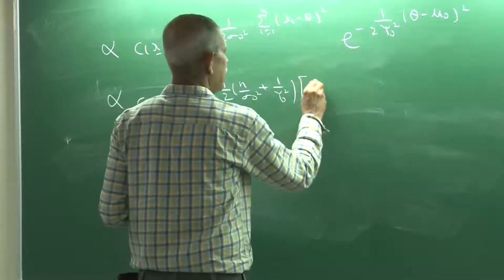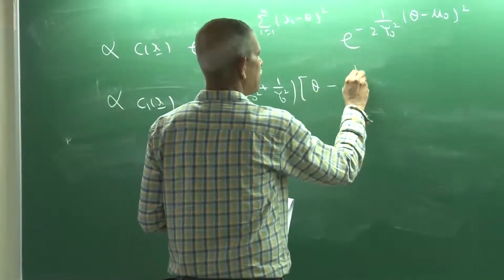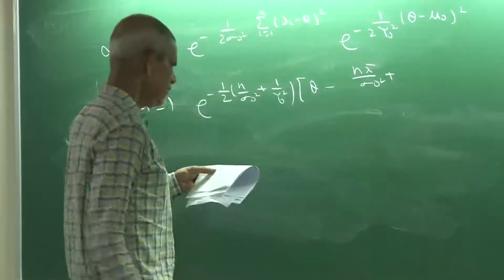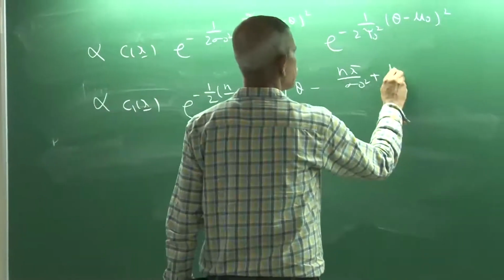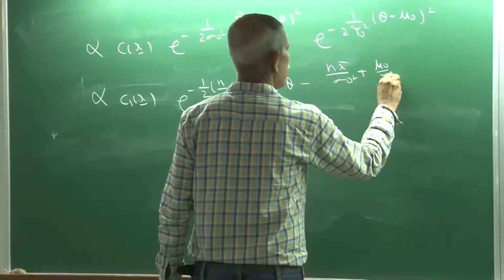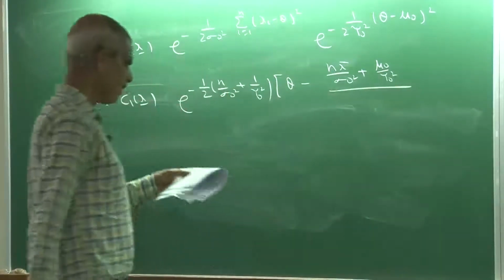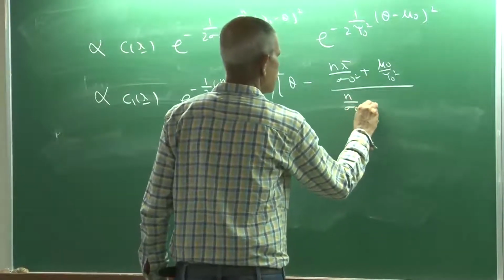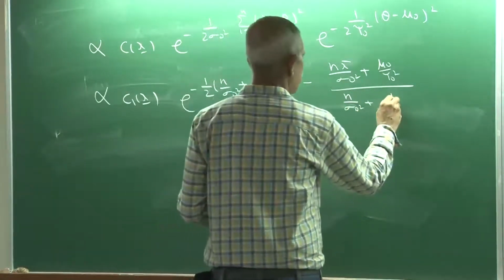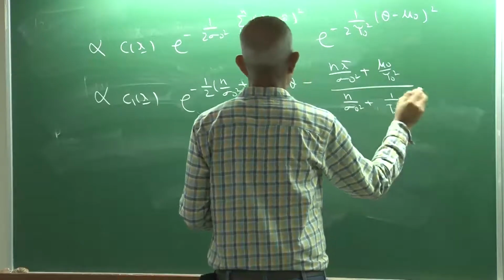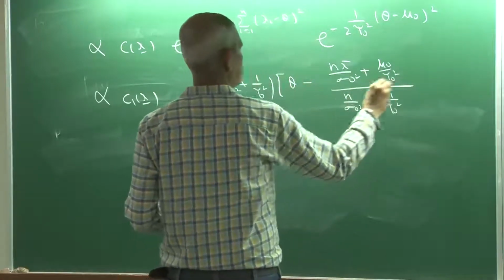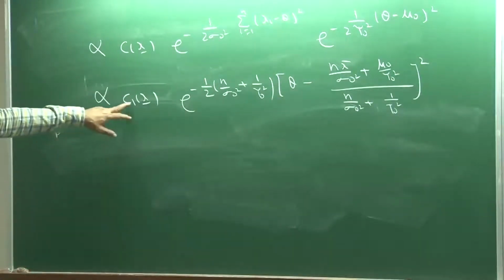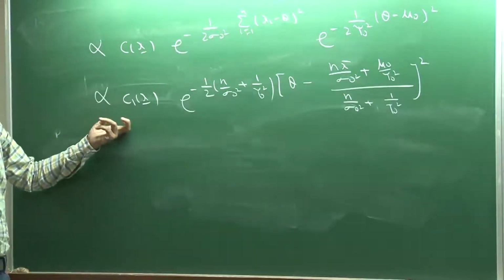And then theta minus n x bar by sigma naught square plus mu naught by tau naught square, divided by n by sigma naught square plus 1 by tau naught square, whole square.